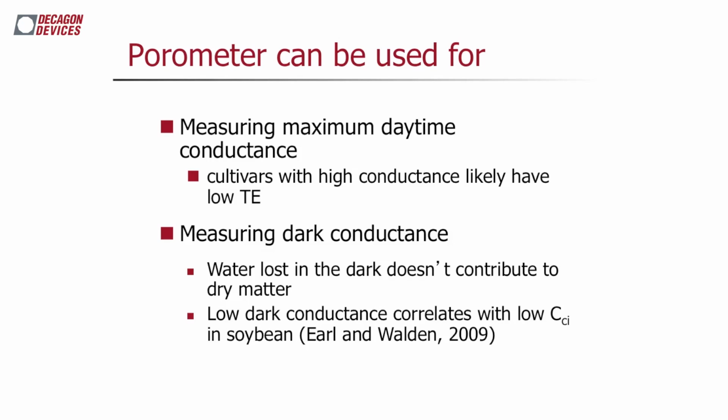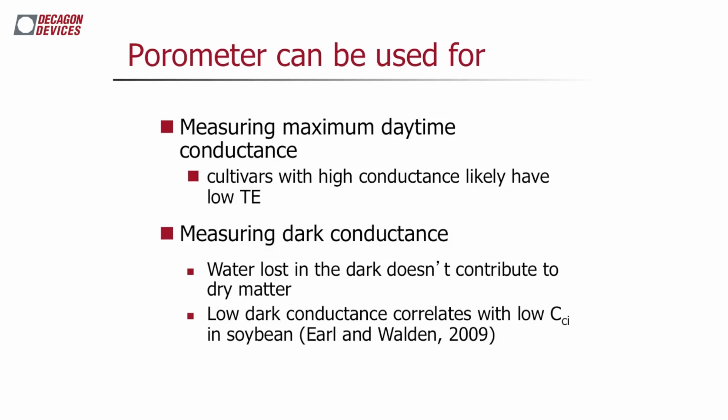But a porometer can be useful for measuring the maximum daytime conductance. Cultivars with high conductance during the day will likely have a low transpirational efficiency, or you can measure at night. Some recent studies have really brought out some interesting things that I think need more work done on them.